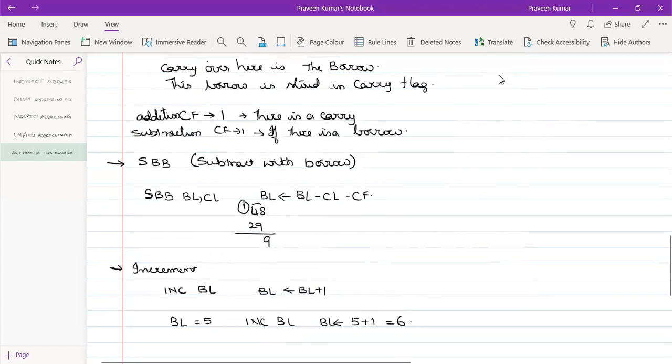For example, if BL is equal to FF, then the incremented value will be FF plus 1, stored in BL as 0. It will roll back to 0.